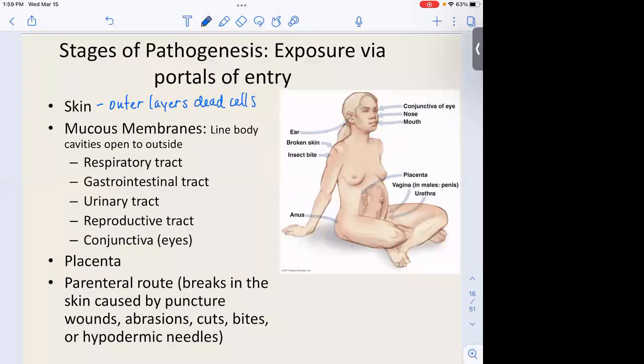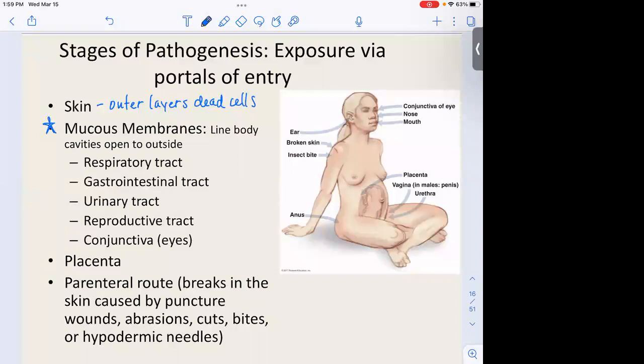The most common portal of entry are our mucous membranes. So these are any opening into our body. Basically, they line our body cavities open to the outside. Respiratory tract, GI tract, urinary tract, reproductive tract. Our eyes could be considered a mucous membrane.